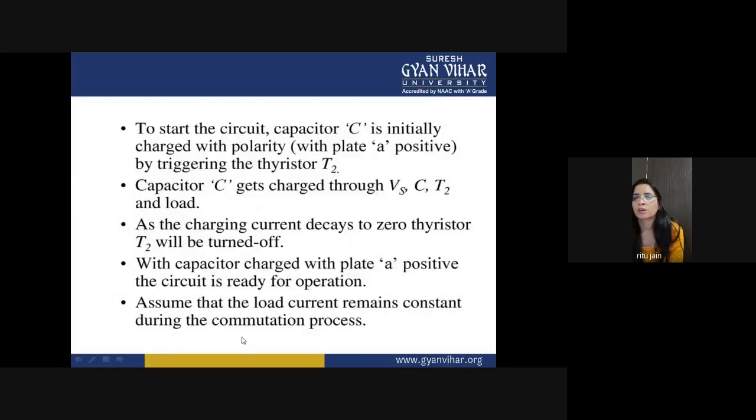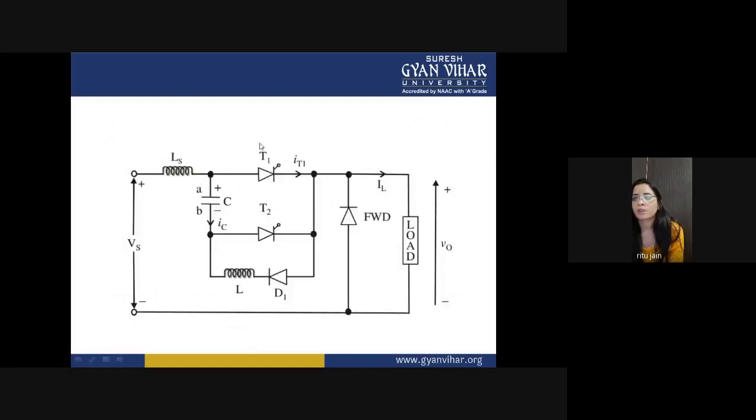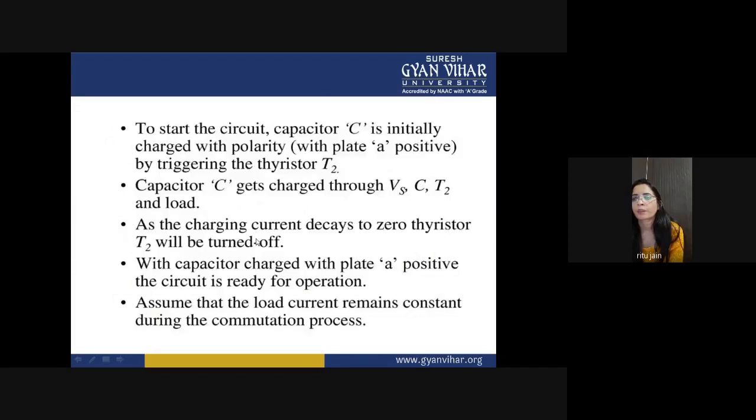Now you can see as the charging current decays to 0, thyristor T2 will be turned off. When this is going to be 0, then the thyristor will be turned off, and with capacitor charged with plate A positive, the circuit is ready for operation.